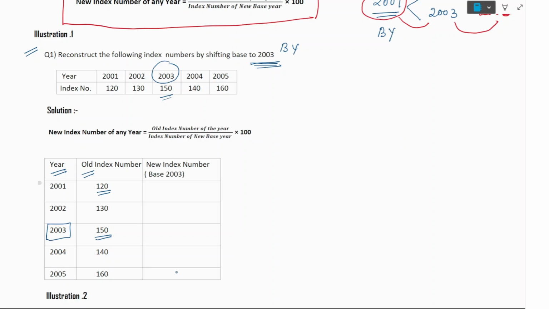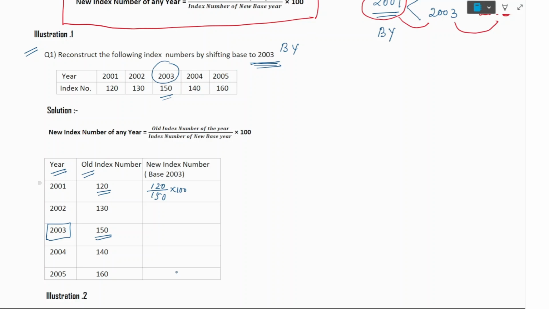Therefore, for 2001 the old index number is 120, and we are changing the base to 2003, whose index number is 150. You can write the formula itself here: 120 divided by 150 into 100.